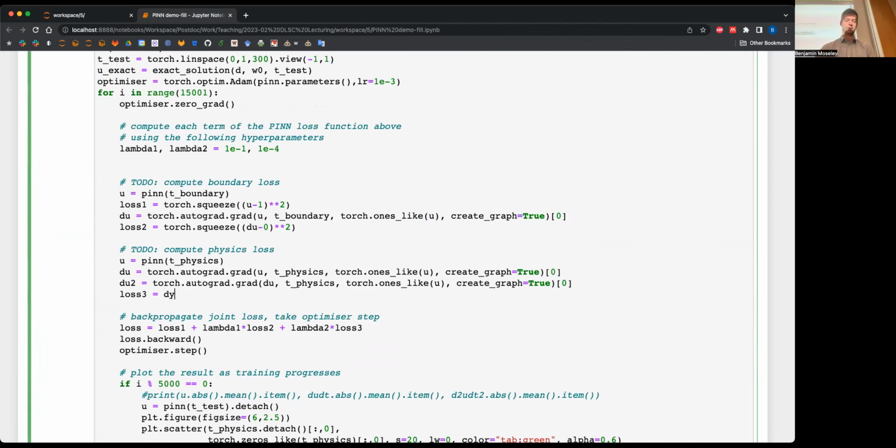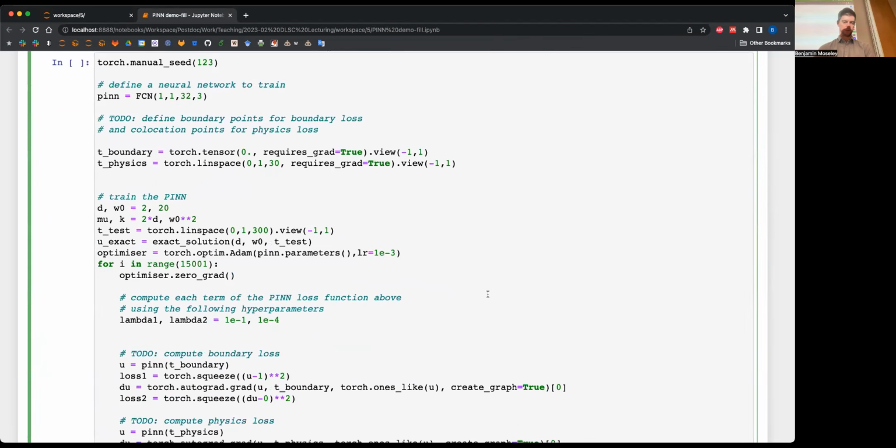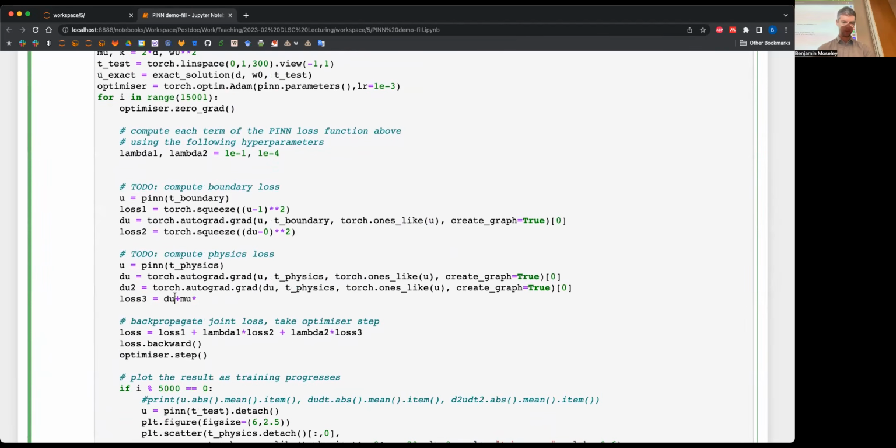We're just going to do d2u plus, what is it, mu times du plus k times u. So that's our PDE, and we want to make sure that this is as close to 0 as possible. So we're just going to square it, and then we're going to take the mean over those 30 points that we started with.